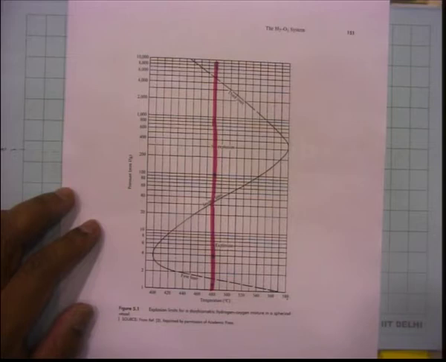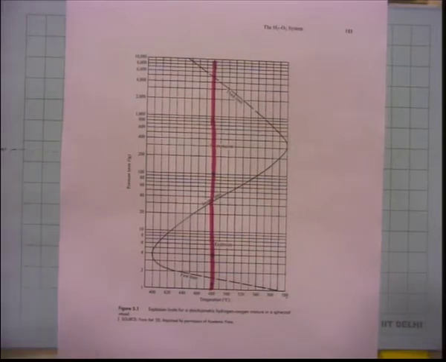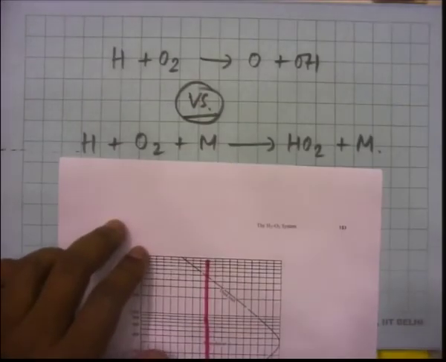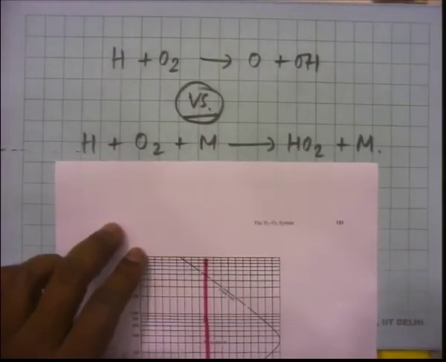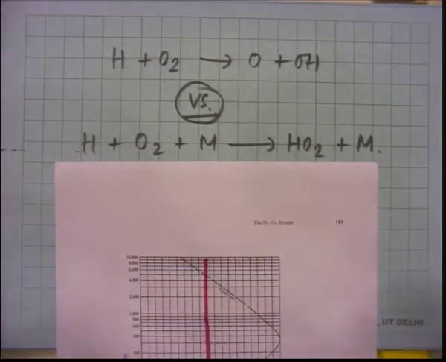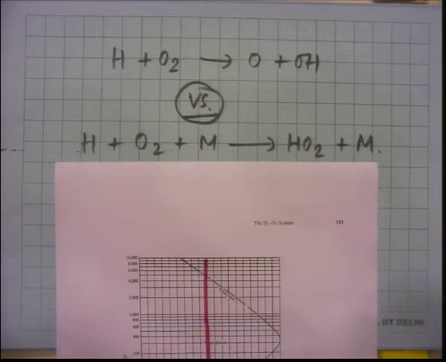Does that make sense? So, what I just now said is that if you are talking about this H plus O2 plus M, this rate will increase significantly with pressure, correct? What is the reason for that? And why does it have a stronger dependence on pressure?